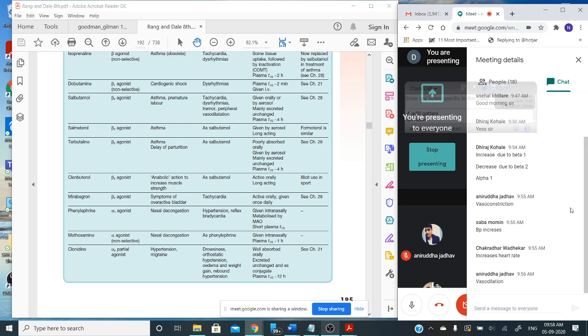Because of that, if there is no alpha blocker, the beta 2 activity is not shown, or it is so little that it is not identified. But when we block the alpha 1 receptors with antagonists, we can understand the beta 2 action. This is what is called Dale's vasomotor reversal. Understood the concept?